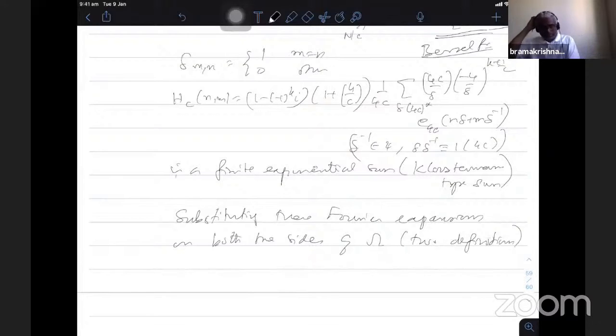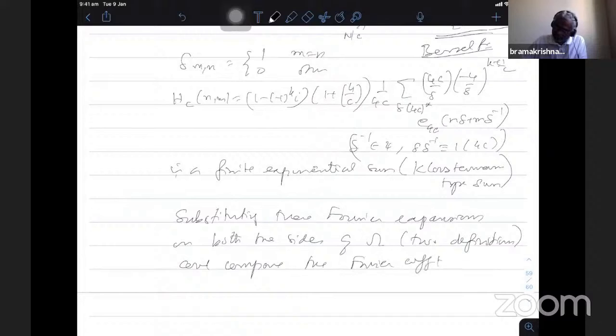One is the definition, one is the theorem statement. So omega is given in two different ways. You substitute in both the sides and then compare the Fourier coefficients with respect to z and tau, both sides.